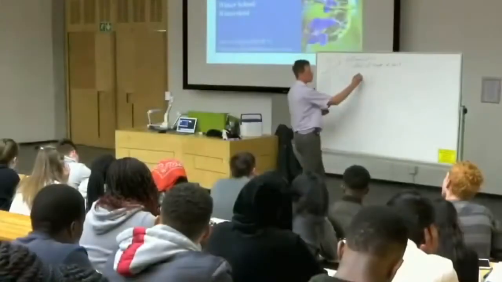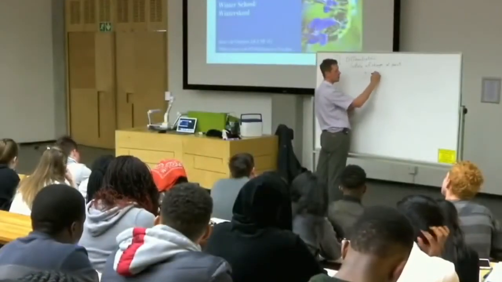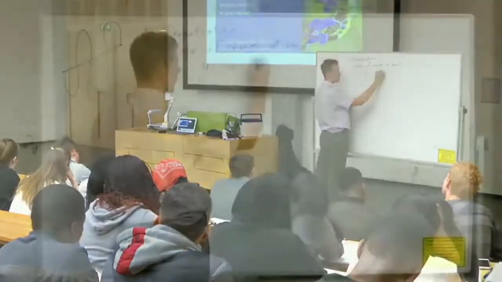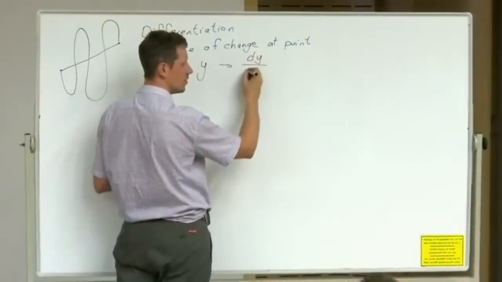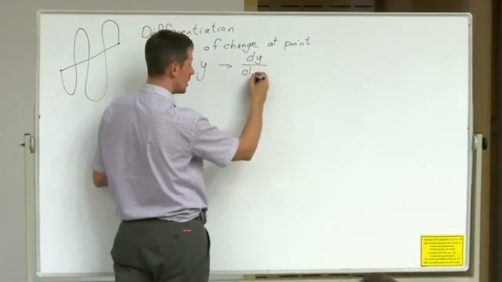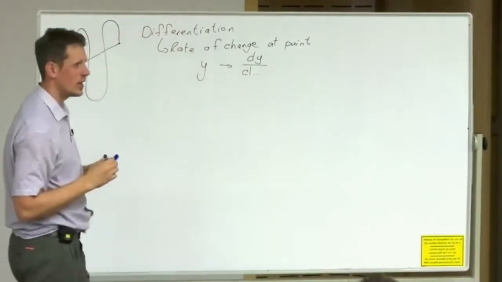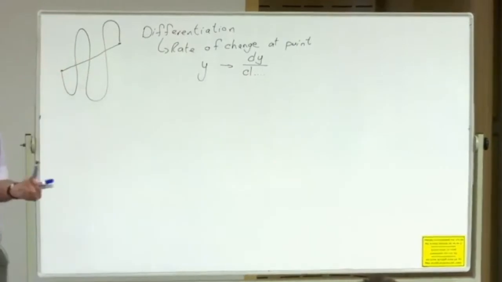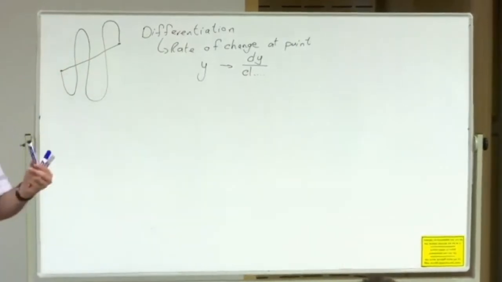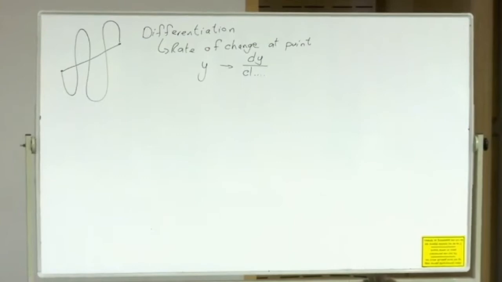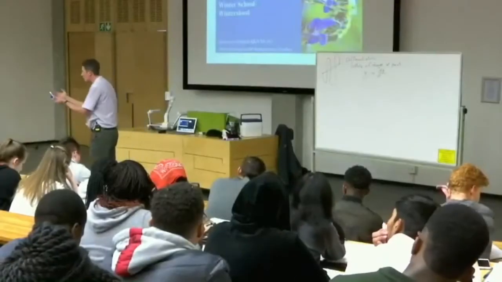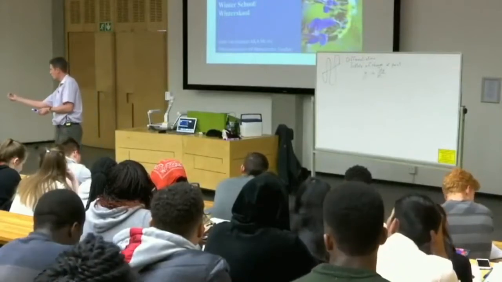So if I've got y and I want to differentiate, then I am going to say dy over d, whatever your independent variable is. It could be dy over dt. It could be dy over dx. It could be dy over dp, depending on your variable. It's not always going to be dy over dx. You've got to be careful.